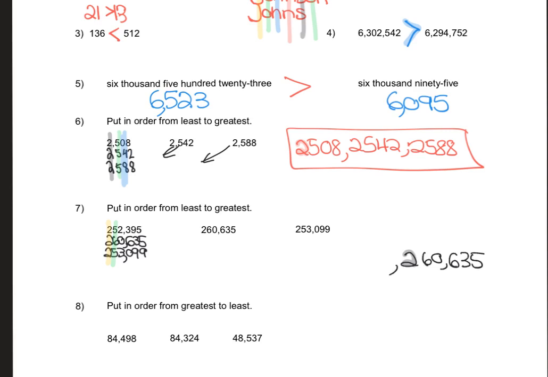Okay, now I just have to decide between the top and the bottom ones. So if I'm only looking at those, my next number is 2 and 3. So I know that it's going to be the 252,395, and then 253,099.